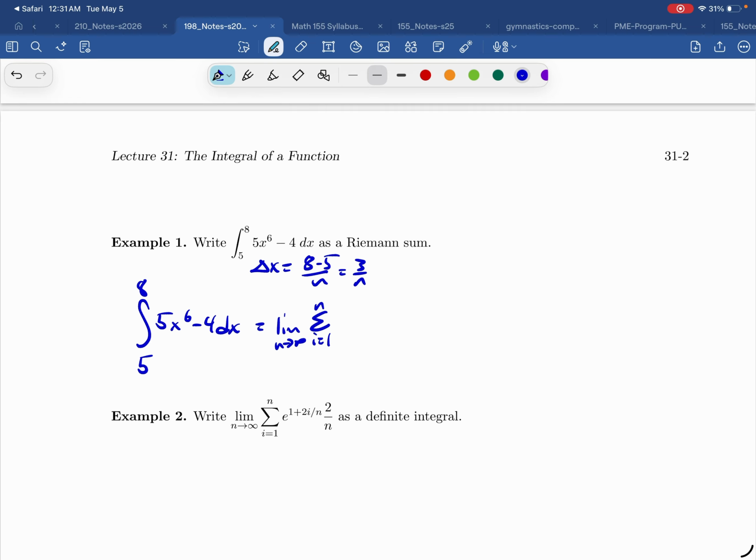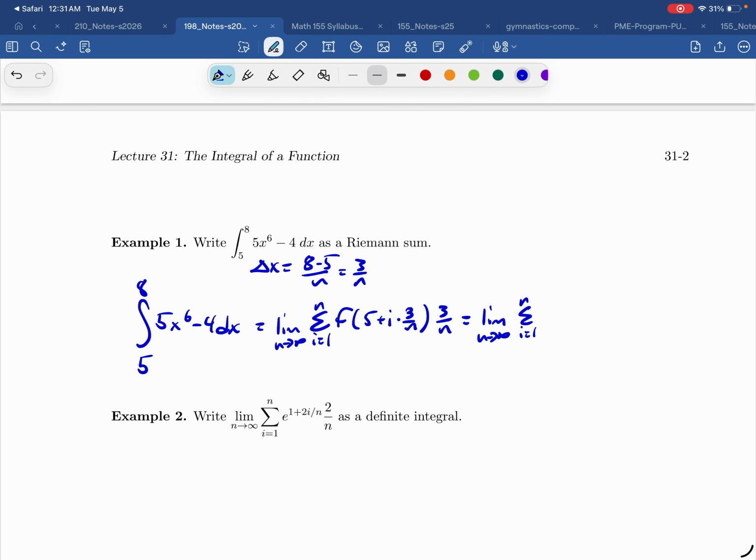We know it's going to be f of a plus i delta x times delta x. And we can do a little bit better than this, right? This is almost maybe an 8 out of 10, maybe a 7 out of 10, I don't know.